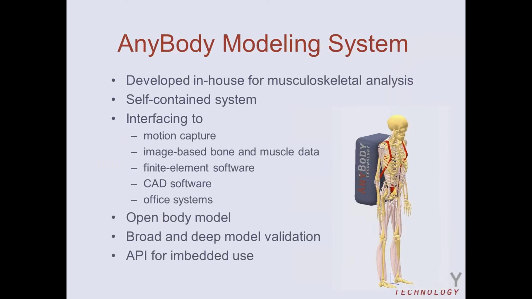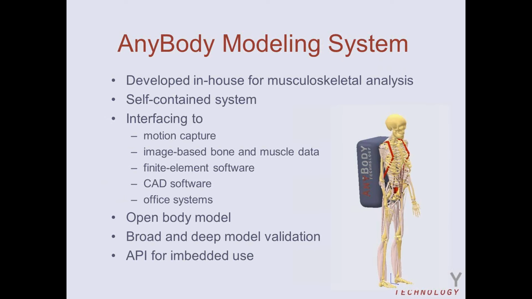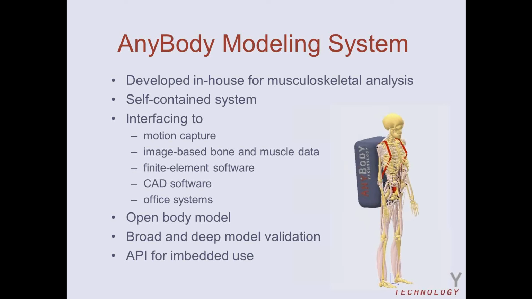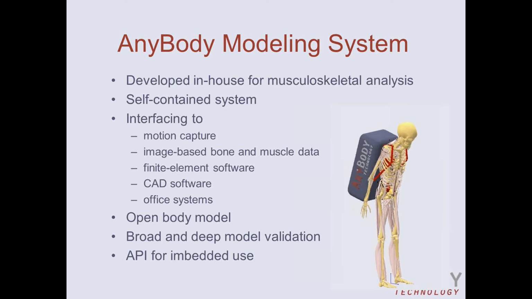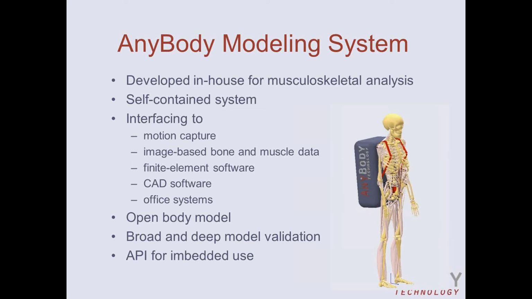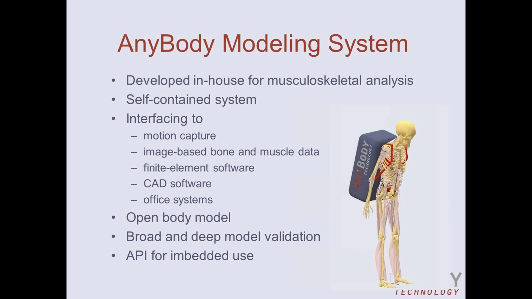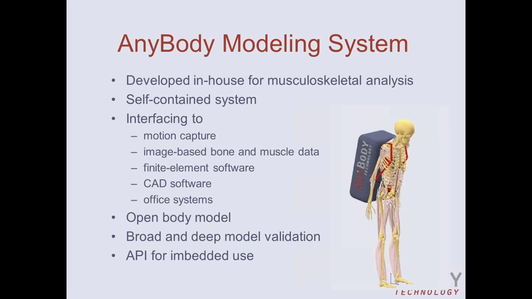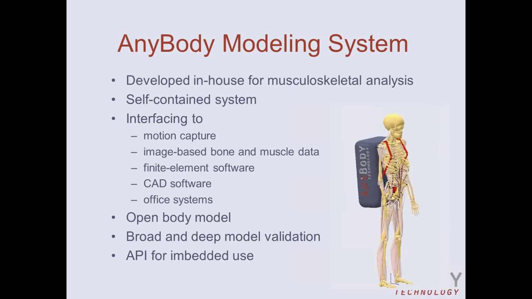So the AnyBody Modeling System is software for musculoskeletal analysis. It is developed in-house and it is self-contained, so no third-party software is needed. It can still interface with a lot of other software, for example with motion capture and image-based data as input, for example for the motion and the scaling.